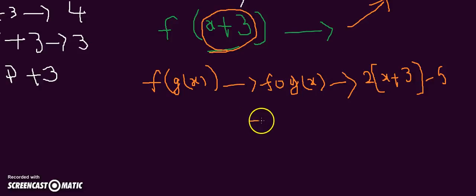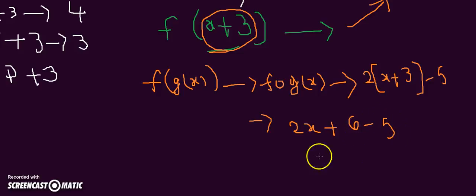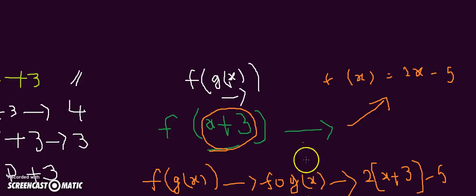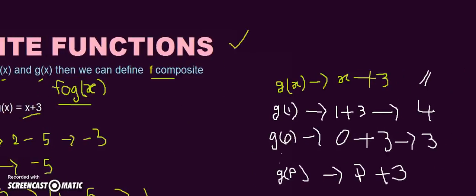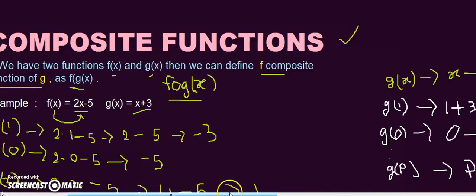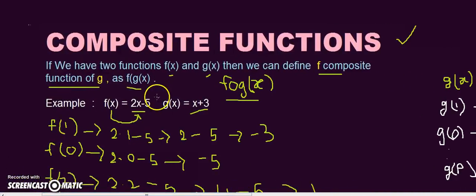Which is equal to 2x plus 6 minus 5, which results in 2x plus 1. This is our f of g of x or fog of x. Okay, this is about our composite functions. So we can define the composite function f of g of x like this. Okay, thank you.